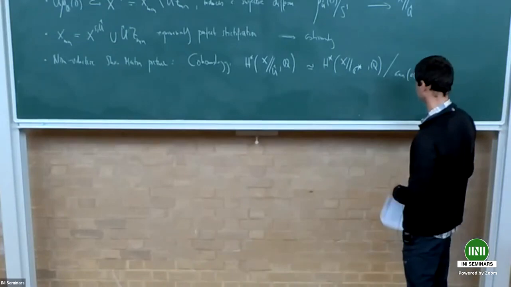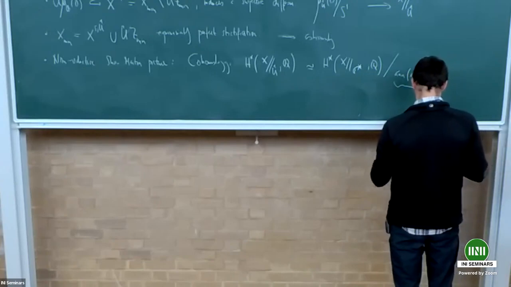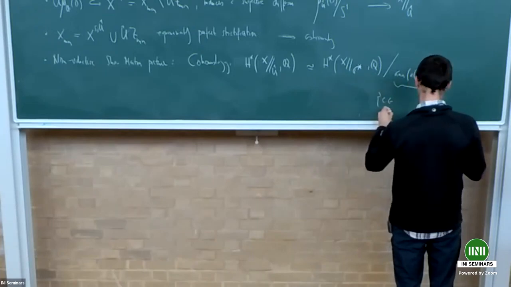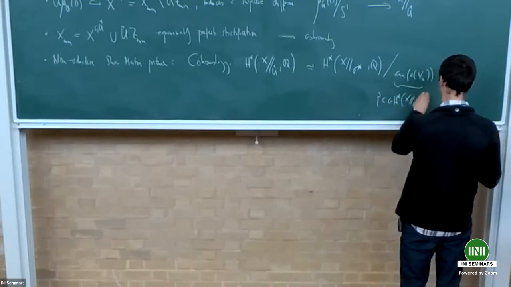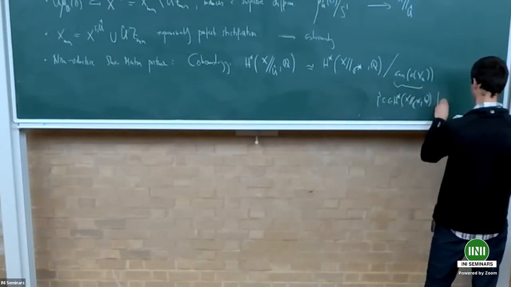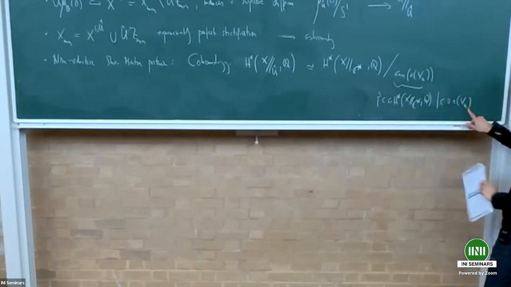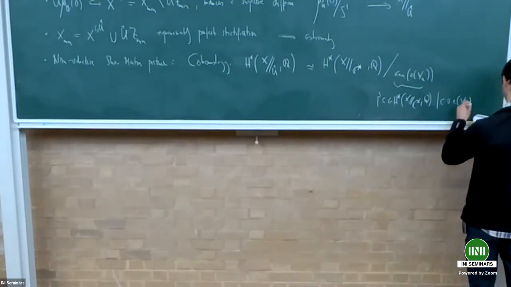So those elements are annihilated by the Euler class of this V, which I will define. This is the bundle associated to the weights of the C star action on the Lie algebra of U. And we know that those are positive weights. This is a positive grading. So the Euler class of that is 0.